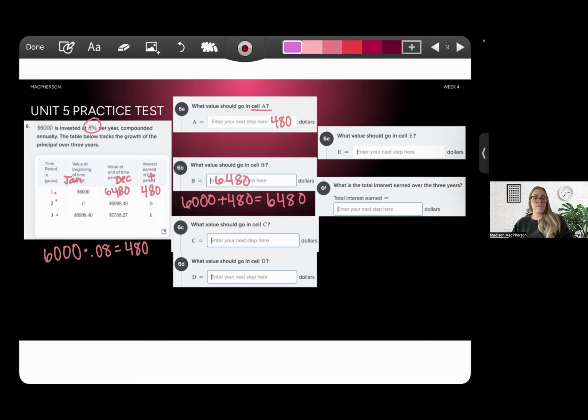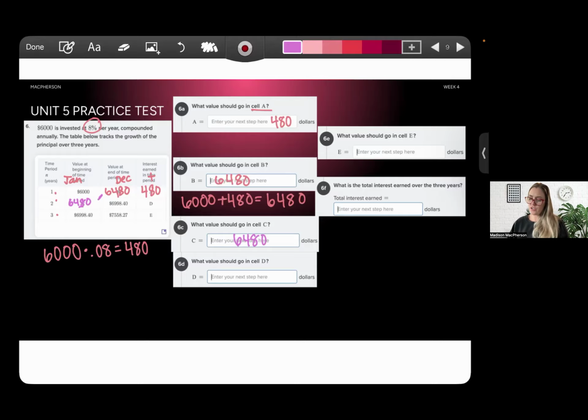Okay, the next one, what value should go in cell C? So we're looking here. If we ended December with this amount, these are going to be the same. So this should also be 6,480. So in that box, you got $6,480.